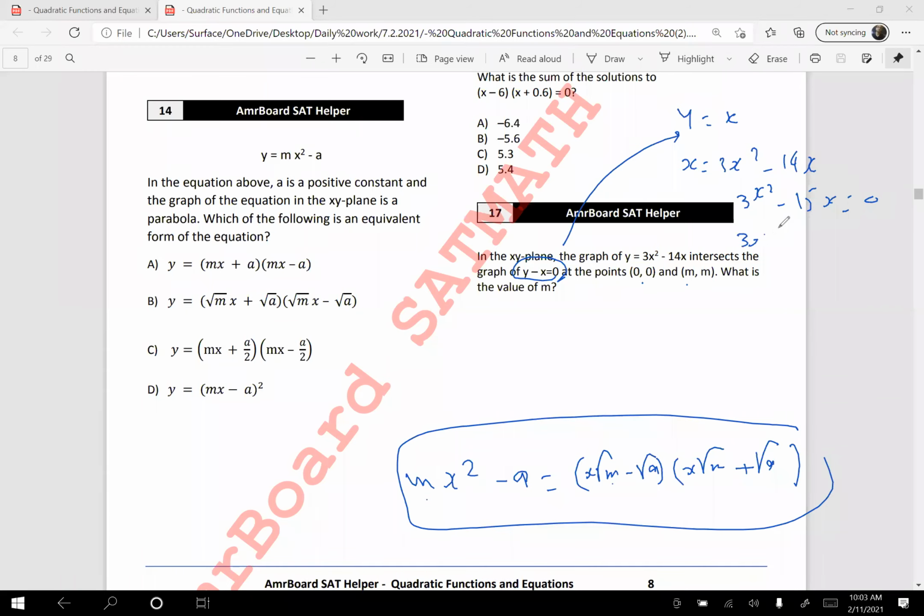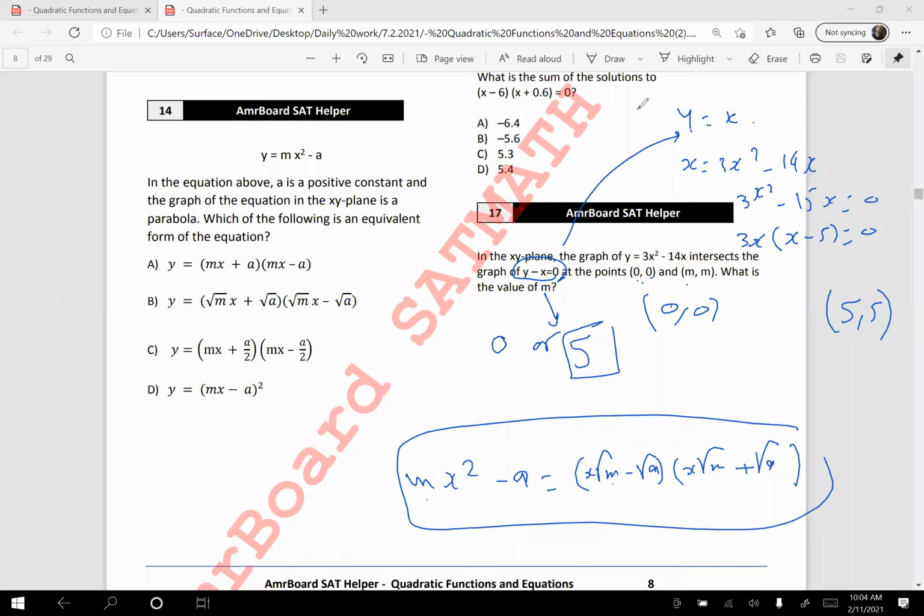Then 3x common, and x minus 5 equals 0. Then x equals 0 and x equals 5. The point 0 and 0 is given. If you substitute, 0 equals 0. And 5 and 5. So the value of m is 0 or 5. You need one of them, which is 5. It's okay? Do you understand?